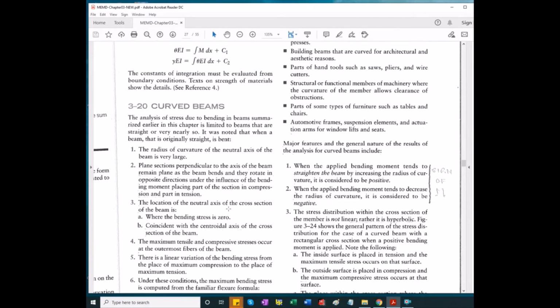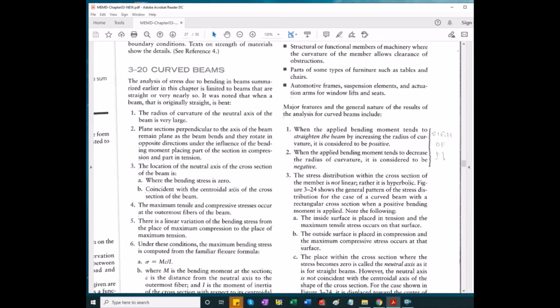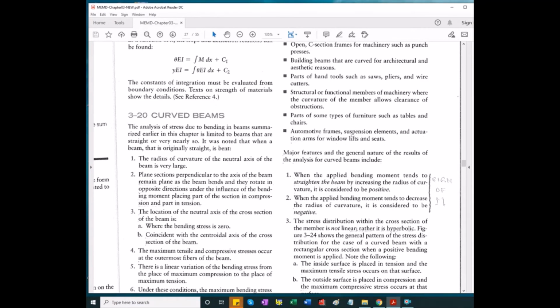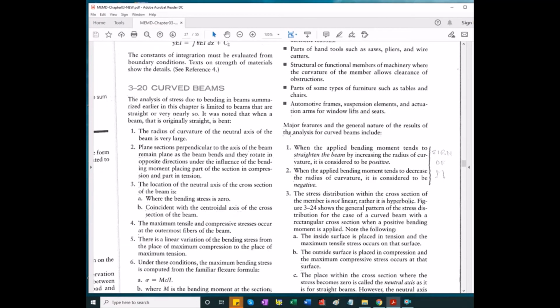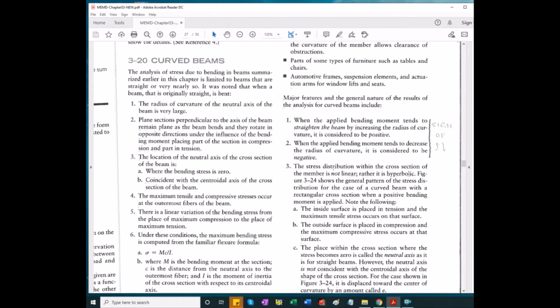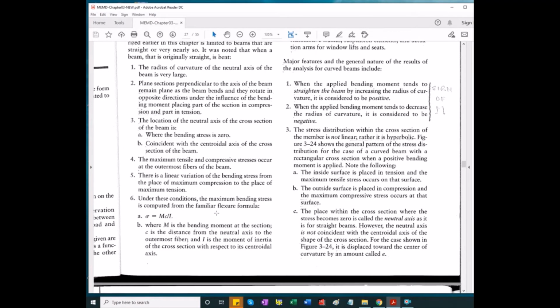You see them in mechanical engineering practice on frames of machines, like C-frames, machine presses, seat clamps, milling machine bodies, automotive frames, suspension elements, so a good number of applications, tools like pliers or plier handles, and we want to know what the stress is.